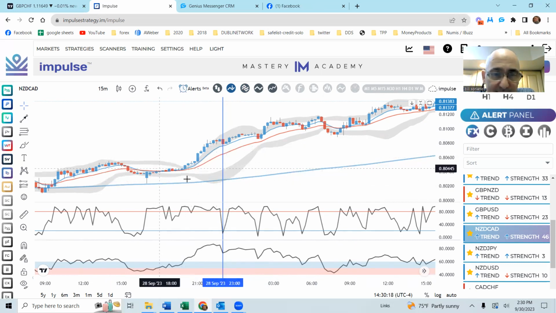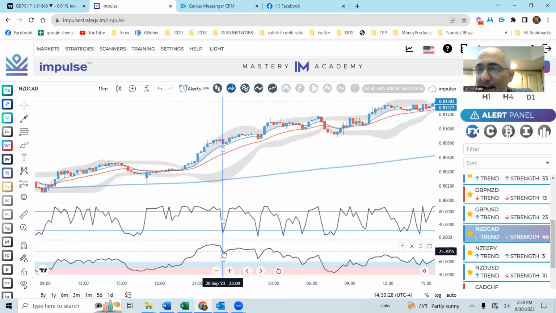So now what we need is the stochastic to drop down to the blue line or below, and it does that right here on this red candle. And then we need to make sure that our momentum indicator, the RSI, is bullish as well. And of course, it's way up here above the blue. Anything in the blue or above is bullish, and anything in the red or below is bearish.